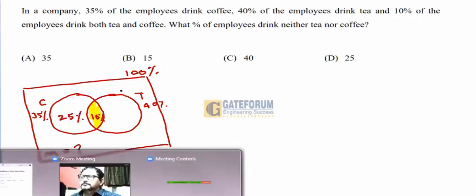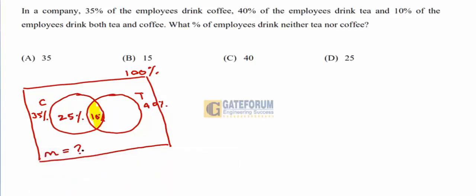Now, see, we have to find this. The whole tea circle is 40%. This only coffee part is 25%. And this N part is plus N.